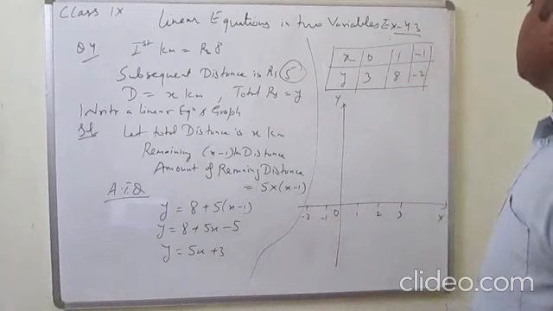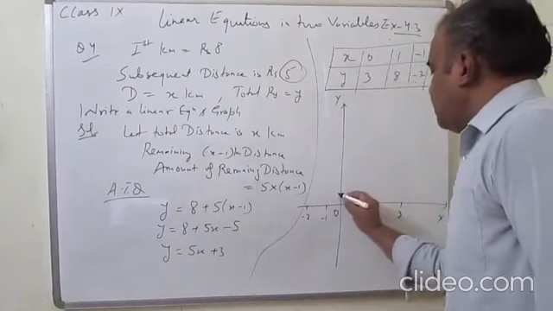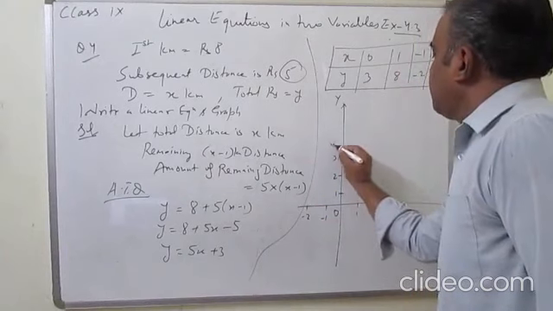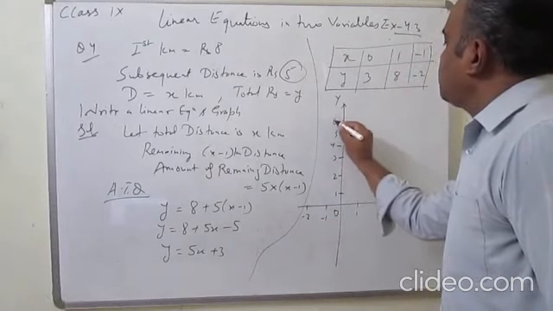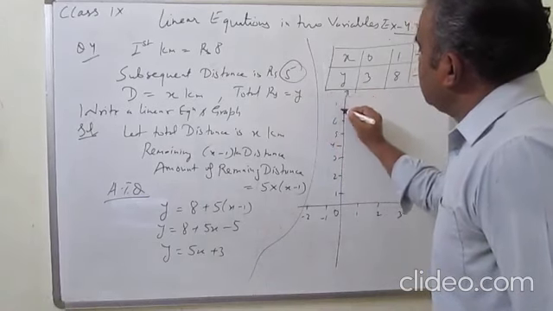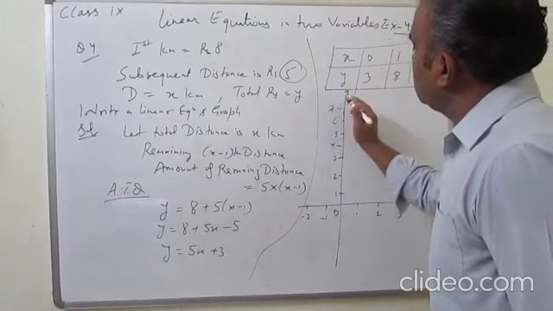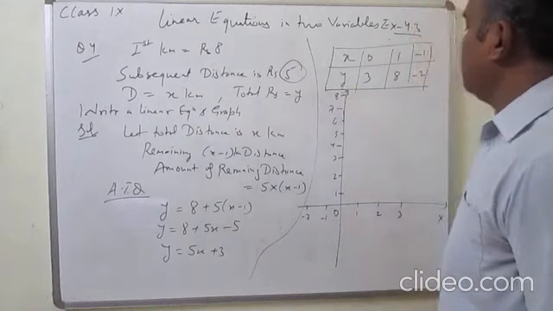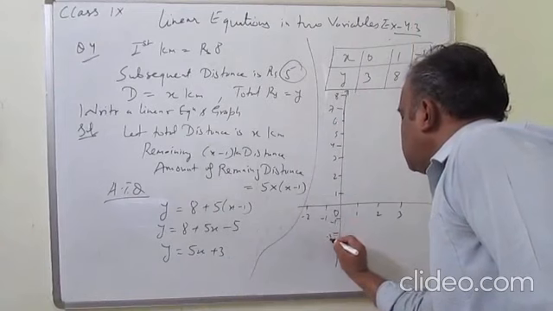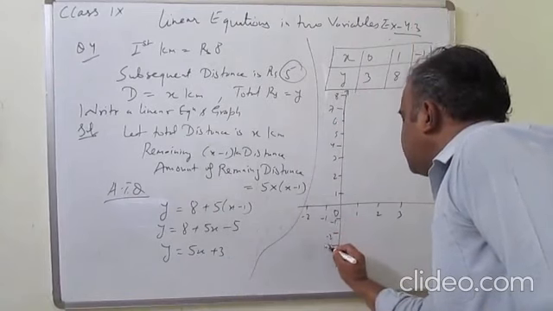On the y axis up to 8: 1, 2, 3, 4, 5, 6, extend it 7 and 8, and negative minus 1, minus 2, minus 3.